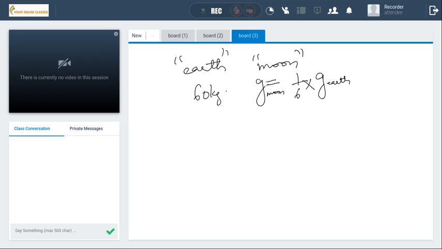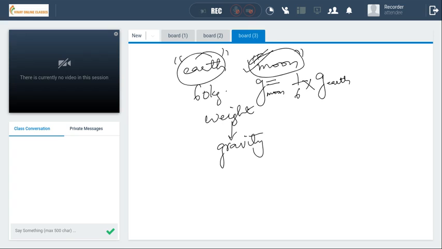So the force with which Earth pulls us and the force with which the moon pulls us, the force pulled by the moon will be 1/6 of the gravity exerted by Earth. So this means that weight depends on gravity, but the amount of matter which will be present in us on the Earth and on the moon will be same.